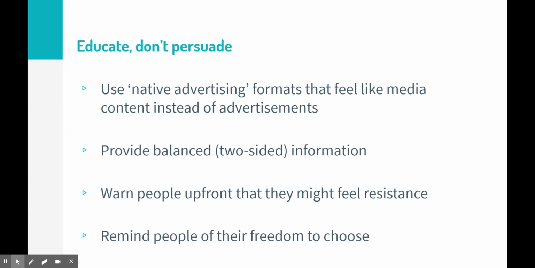Furthermore, it is good to actually mention upfront to people that they might feel resistance against the message because this actually takes away some of the resistance. And last but not least, it is good to end the message with reminding people that they are still completely free to make their own decisions. And this again makes people actually less defensive and more open towards your message.